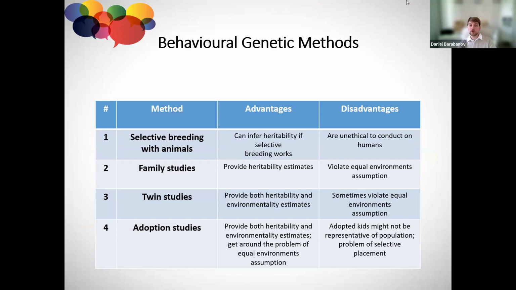Behavioral geneticists usually utilize four main methods. It's not the whole list of methods of behavioral genetics, but most of the research articles you might find in this area usually utilize one, two, three, or all four of the aforementioned methods. So the first one is selective breeding with animals. A lot of behavioral genetics research is done not on humans, but rather on different animal species.